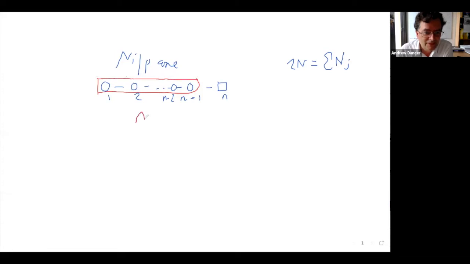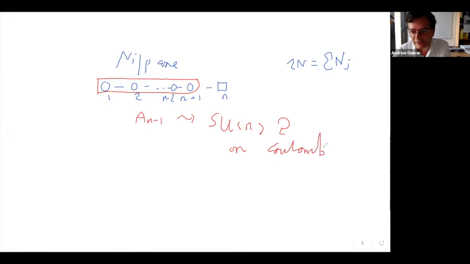So these will form a balanced configuration. So over on the Coulomb branch, we'll have an SU(N) action. And that is correct, because the nilpotent cone is its own dual under symplectic duality. So that's correct. Let me think of another example.